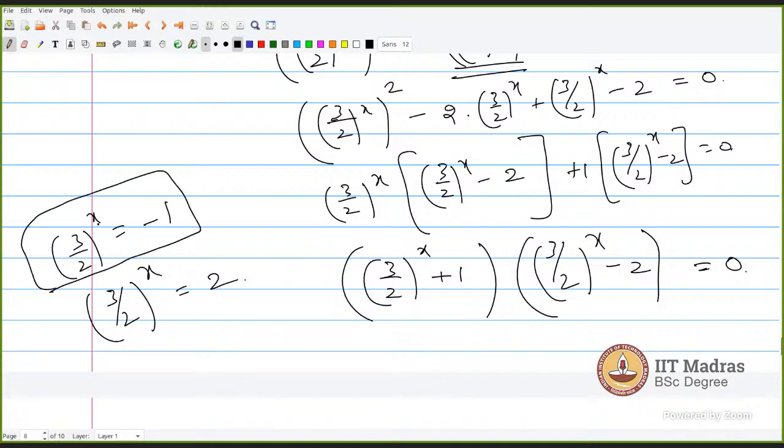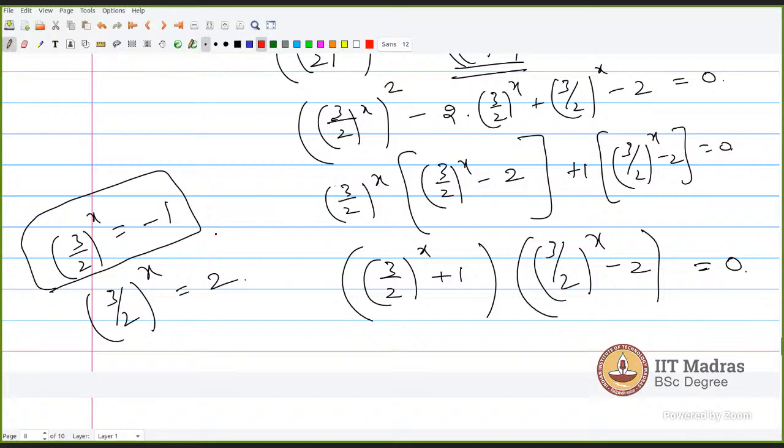For what value of x will this 3 by 2 to the power x take a negative value?